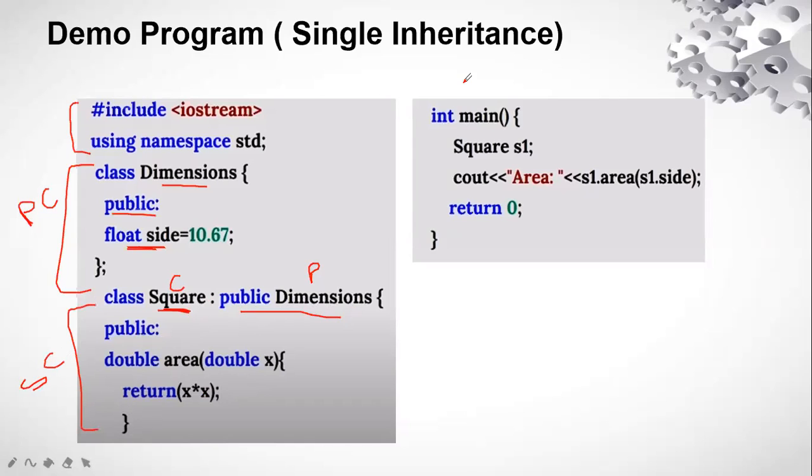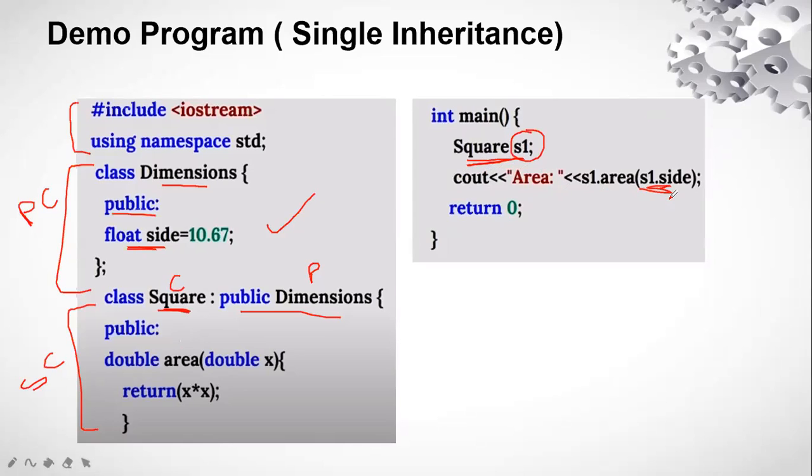Now see how it works. Int main, Square s1. This is the instance of class Square. That is, s1 is the object of the Square class. I am going to do cout area, s1.area(s1.side), return 0. Now here you can see that side is not a data member of Square, but it is a data member of this particular class, and it can be accessed from the Square class also.